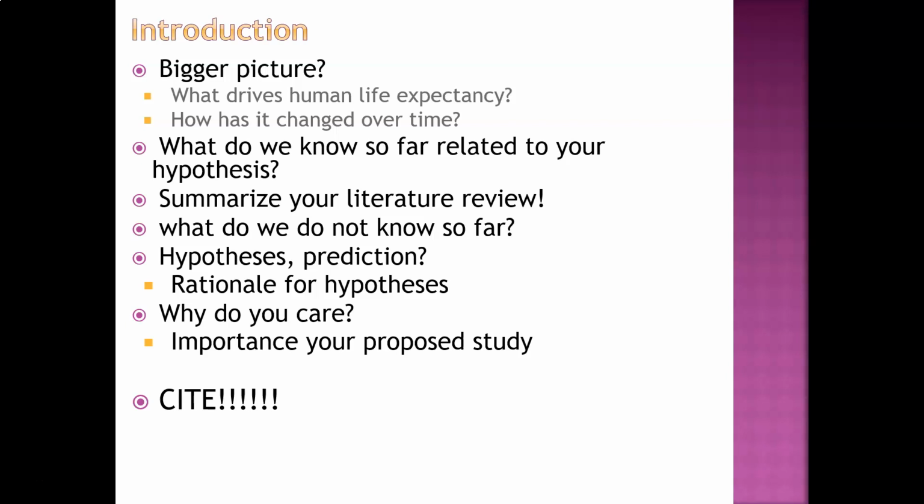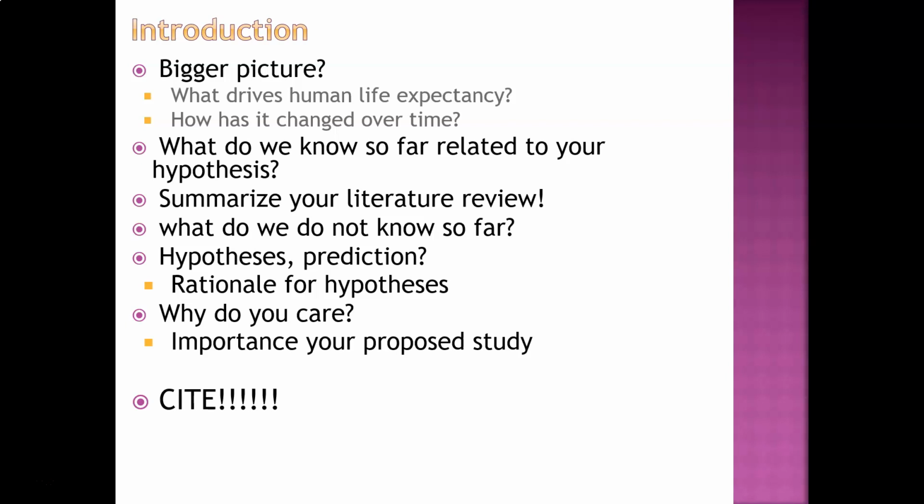And again, the male-female situation. There are lots of studies about male-female, lots of debate about sex-specific, gender-specific susceptibility to mortality. But how does that change in different parts of the world, in different geographies, in different towns, in different parts of North America? We don't know that. So that's the gap.